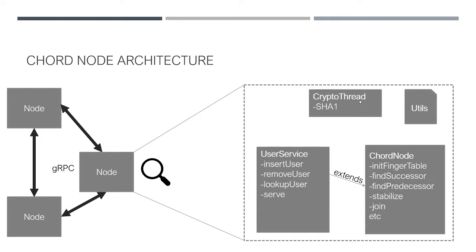So the user service, or our node, has a main thread which runs all the application logic and fields requests to insert and remove users, and update and maintain all the Chord metadata. And then we have a separate thread that runs our SHA-1 hashing algorithm, since it's compute intensive and blocks. And we just pass messages back and forth for that.